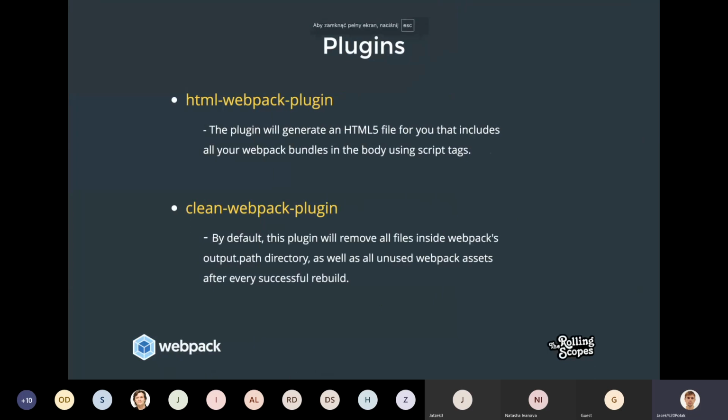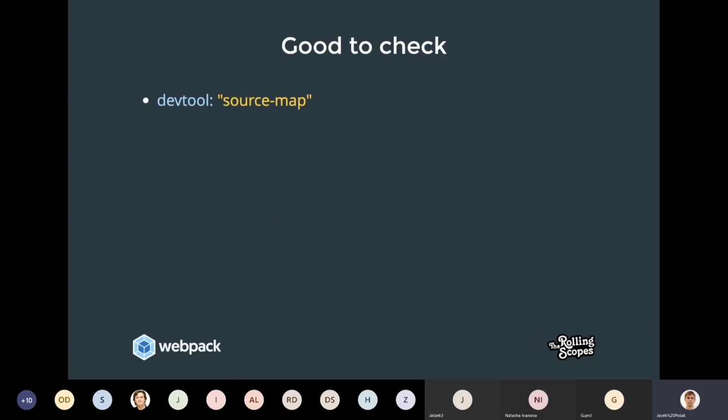Cool. So do we have any questions? No. So we discussed those plugins, how to resolve images, how to resolve CSS. I would like to maybe talk about what else it's good to check. It's about source map, which I mentioned, right?